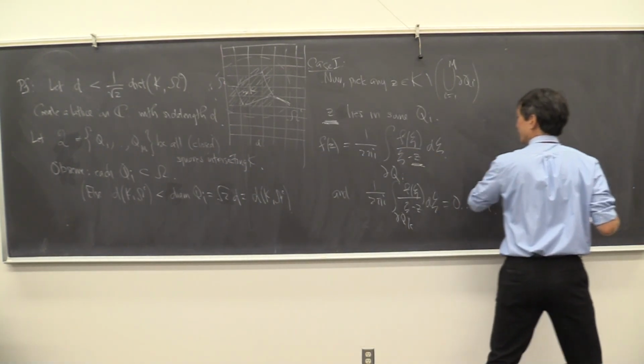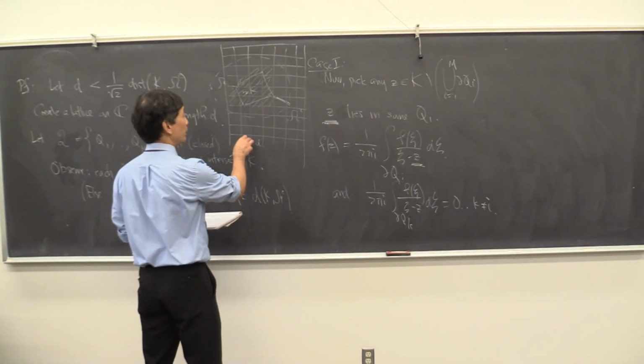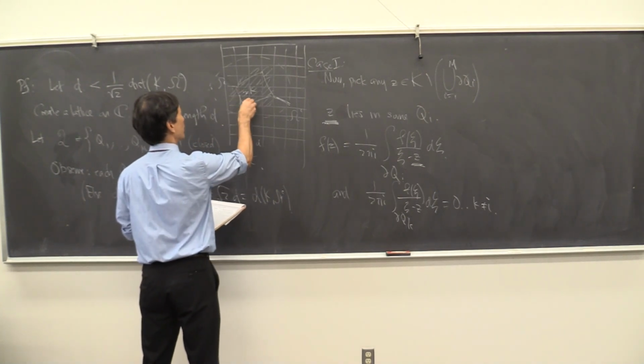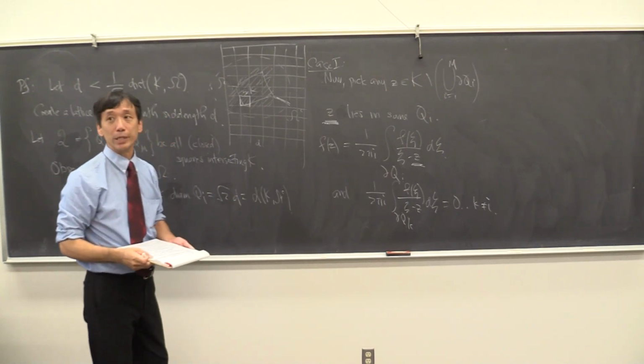Okay. So what's the point? The point is that when we integrate the function over any of these squares in the positive manner, we're either going to get 0 or we're going to get f of z.